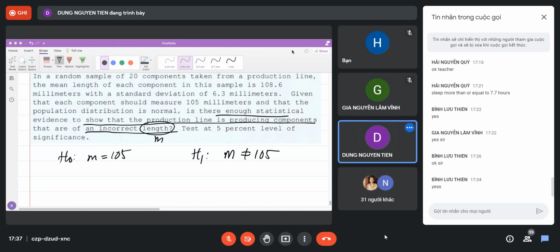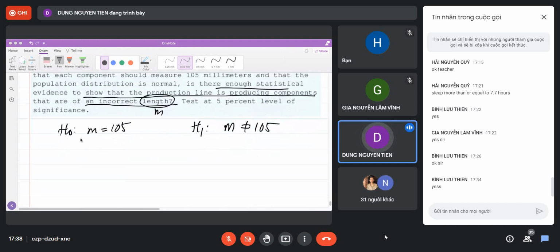Is that clear? So after you get H0 and H1, you can have a look at the t value, which is X bar minus 105 over S over the square root of n.